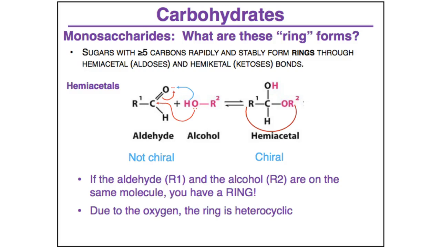And so now, as far as with sugars, you most likely are used to seeing them as a ring structure. This ring structure happens when there are 5 carbons or more, and it forms this stable form of rings.